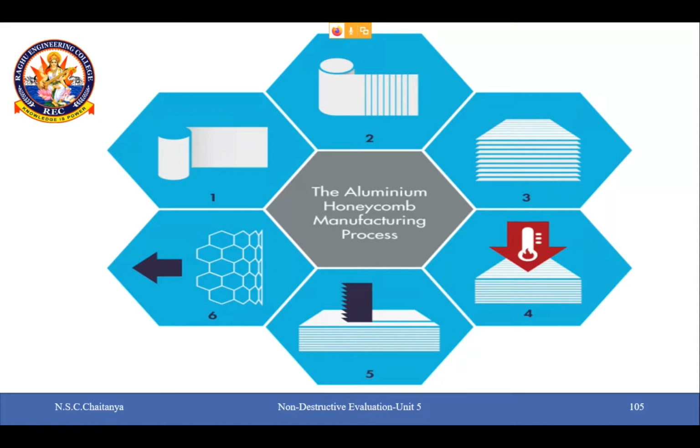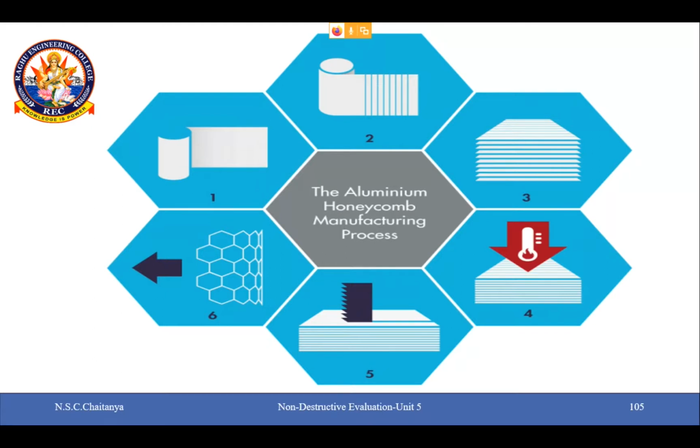Number 4, they are heat pressed so that the adhesive will join the foils, forming a block of honeycomb. So adhesive is dropped on the printed lines, and these sheets are heat pressed here in your step number 4.